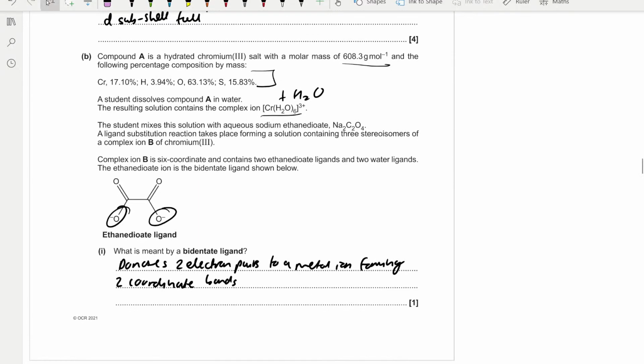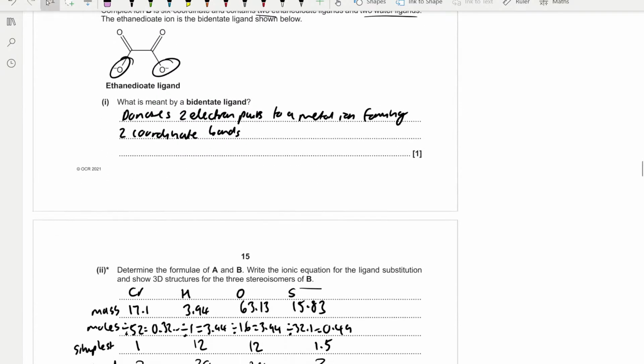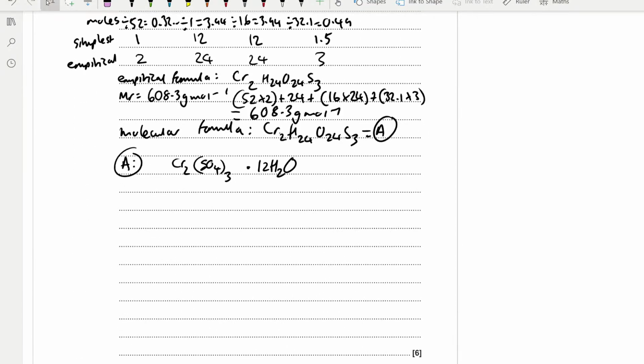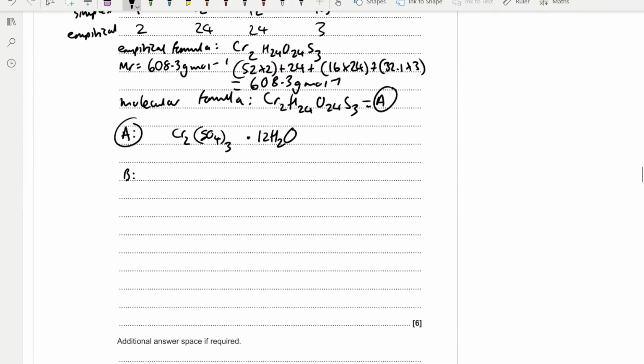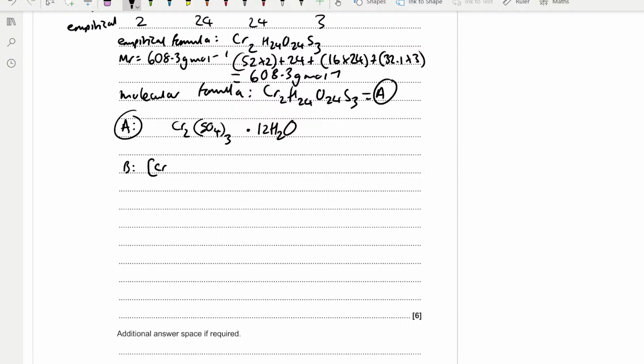And then part B is our complex ion. So when it's dissolved in water, we get [Cr(H2O)6]3+. But then our ligand substitution reaction takes place where 2 of the ethanedioate ligands replace water, and 2 water ligands remain. So B is going to have the formula [Cr(H2O)2(C2O4)2].